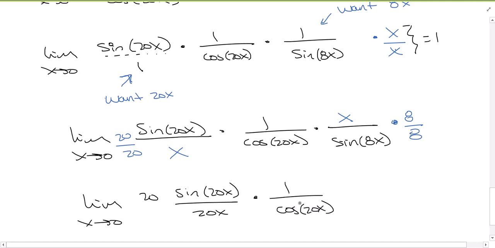And now multiplication, right, I just multiply everything here. So it's not like addition, so I don't have to say 8 times x, 8 times 1, and 8 times sine of 20x, right? This is not addition, this is multiplication. If you have 2 times 4 times 3, you don't say 3 times 2 and 3 times 4, you just say, oh, this is just 2 times 4 times 3.